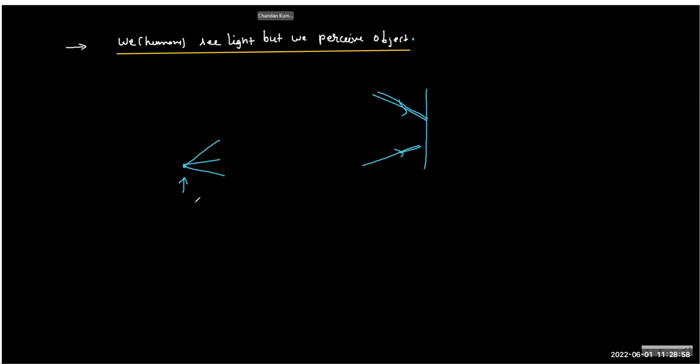If something is converging, it means it has come from the physical source and has already suffered some sort of reflection or refraction. Do you realize what I'm saying? Yes, understood. So if the incident light is converging, it means it has not come from the physical source. That's simple.